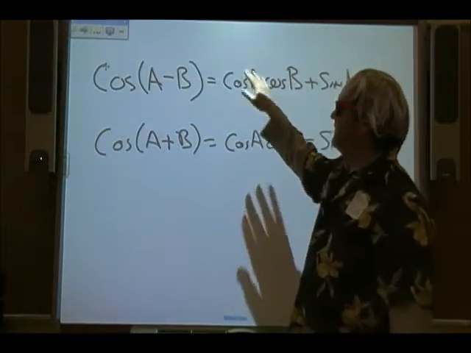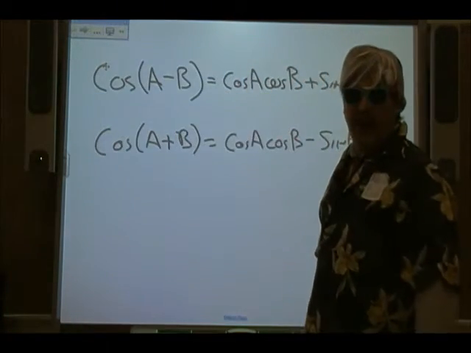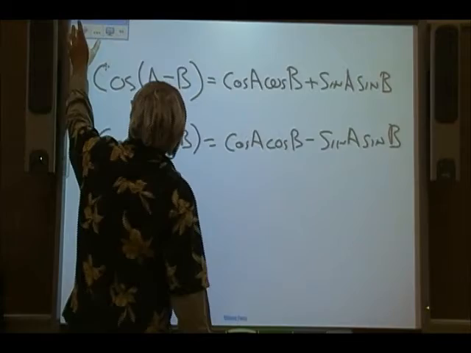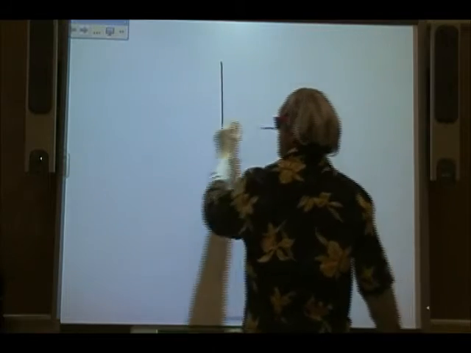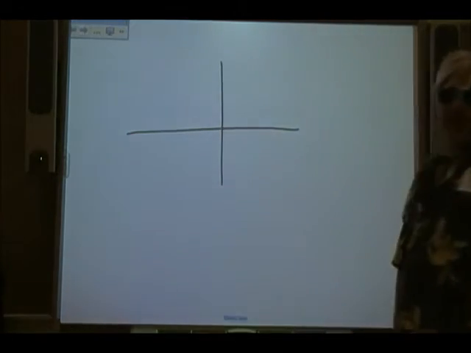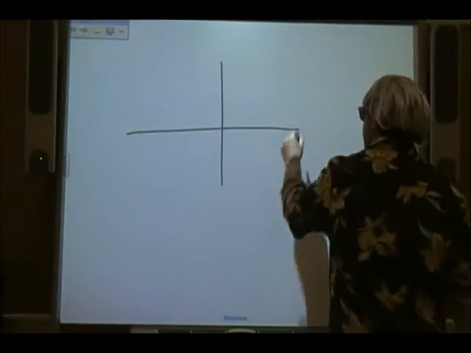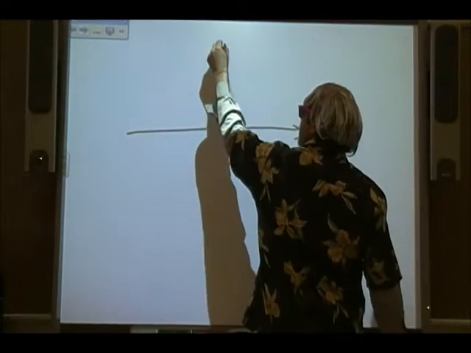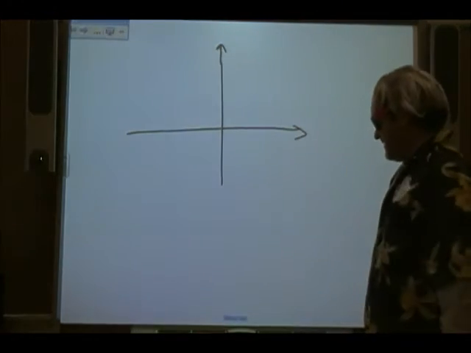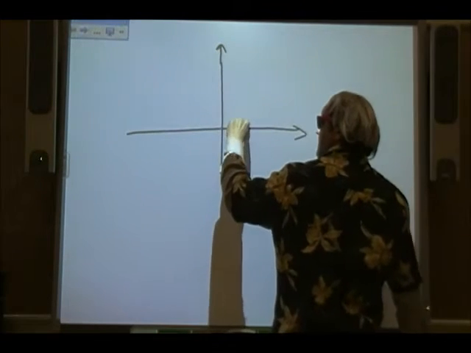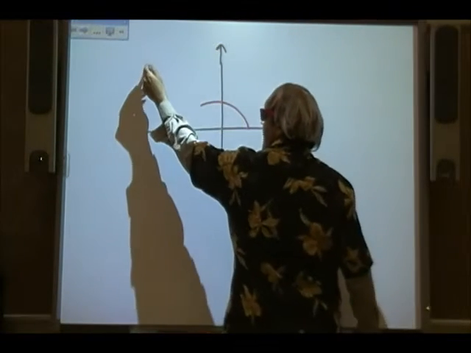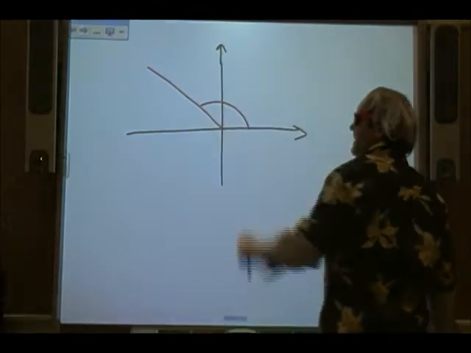So we'll start with the first one, cosine A minus B. So I start with a Cartesian plane, unit circle. All right, let's call the first angle A. So I do an A, right like that.